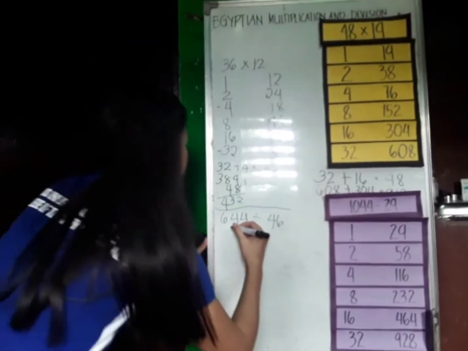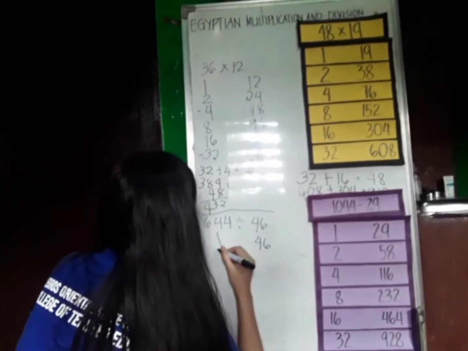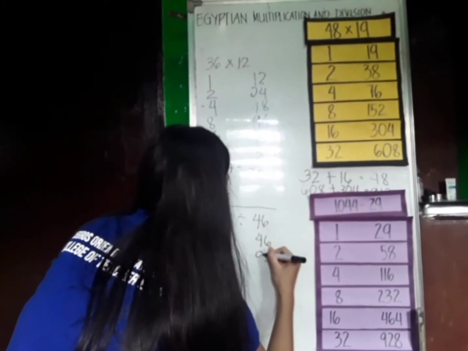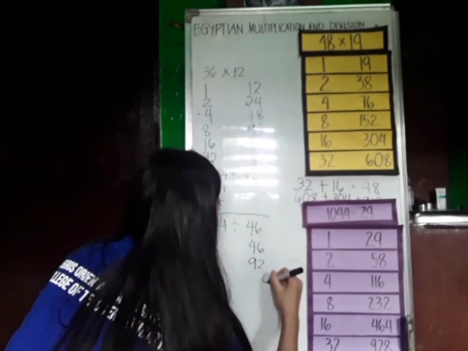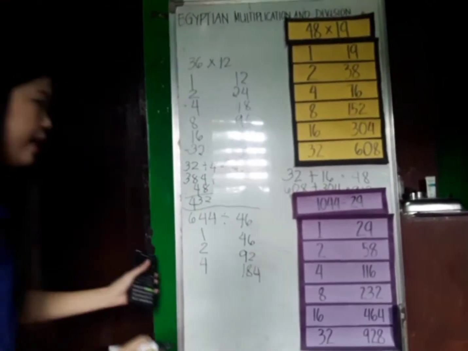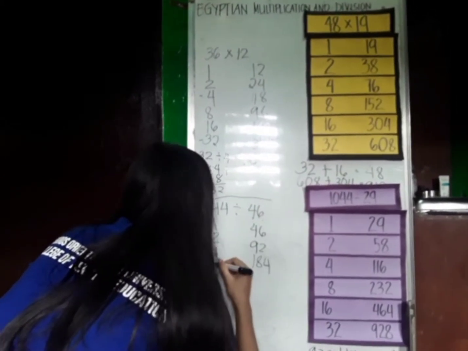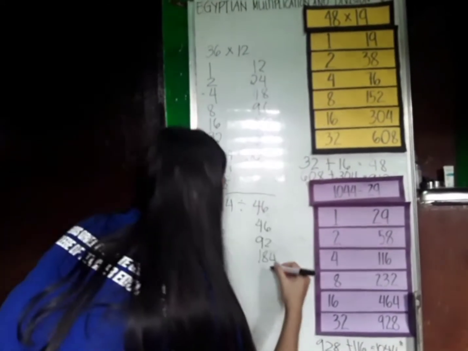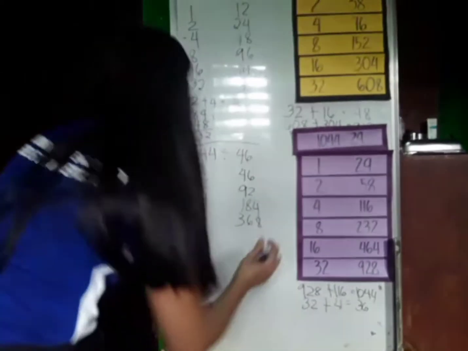Again, 1 will be 46. 2 will be 46 plus 46, 92. 4 will be 184. And 8 will be 368.